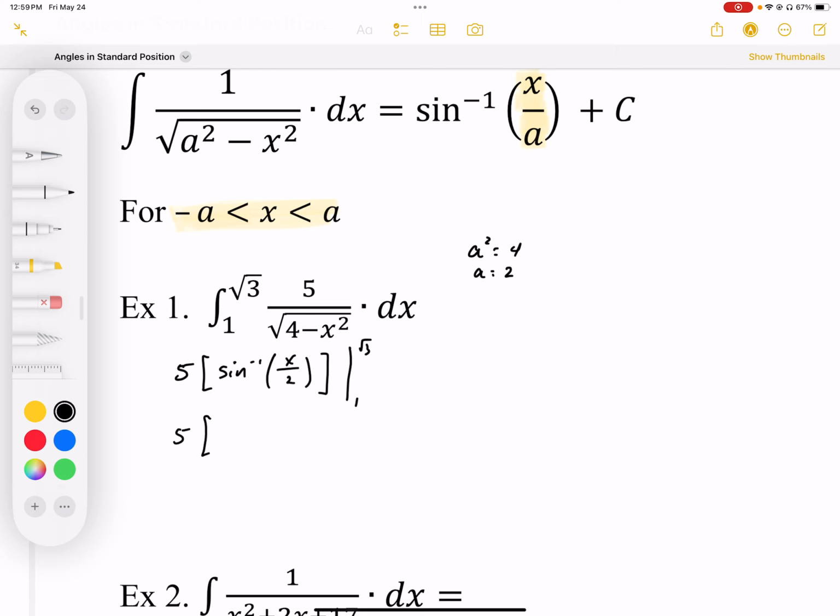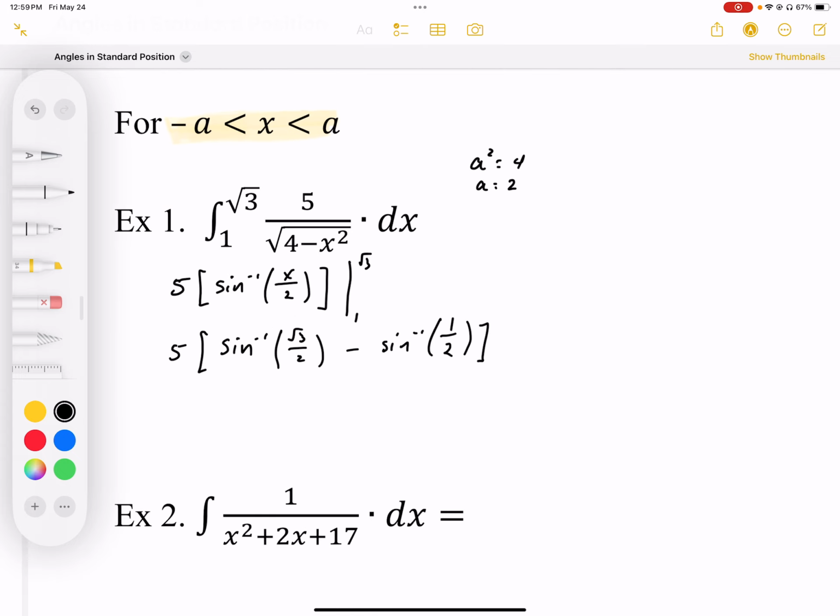It's going to be 5 times arcsine, and I'm going to plug in root 3 over 2 for x, then minus the arcsine of 1 over 2. These are exact values.